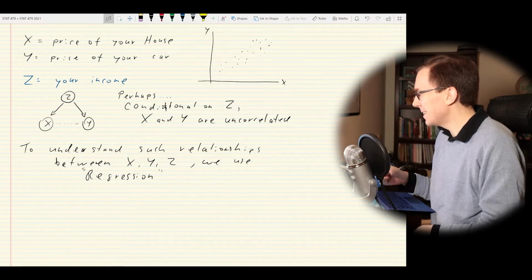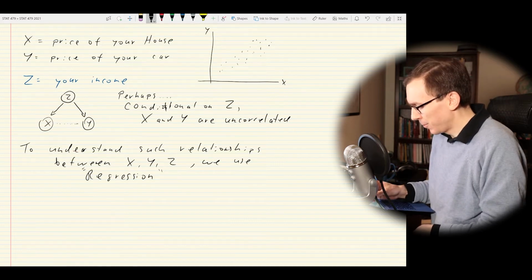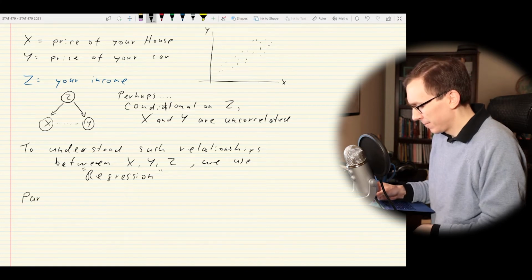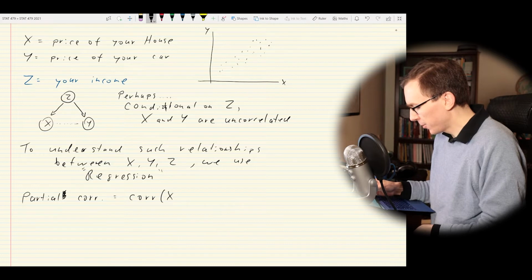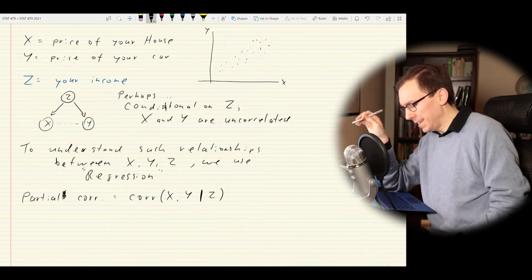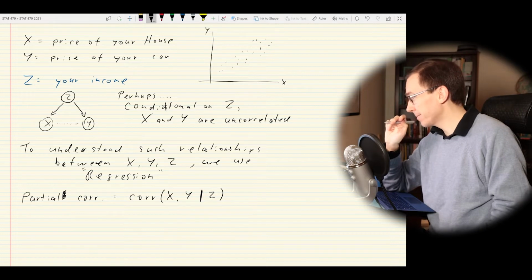Right, so the idea is that we can define the partial correlation. So what we want to define basically is the partial, not two L's, correlation, which we can write as the correlation between X and Y given Z. So now we have a third piece of the expression, which is the given Z part.